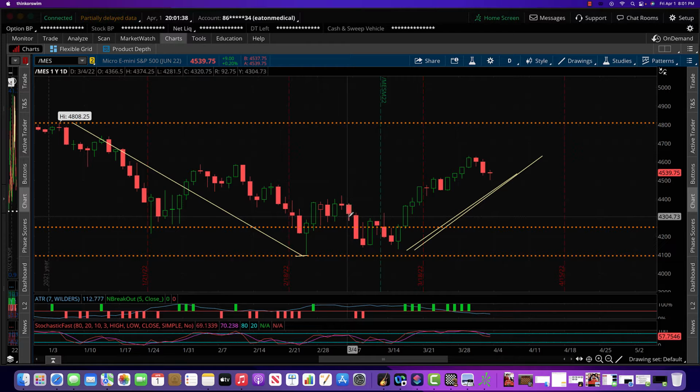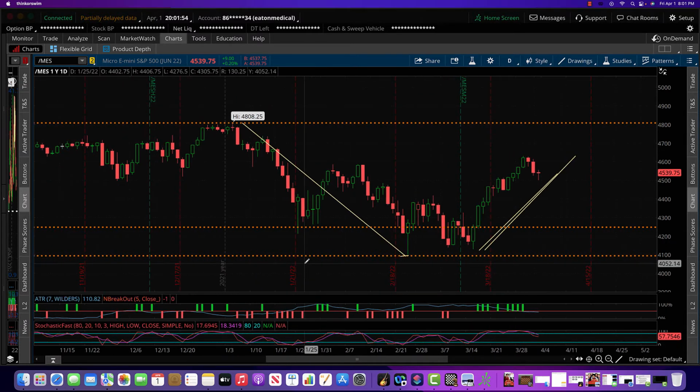So what are we doing? We're coming off of the lows, coming off these quarterly lows, making higher highs. We pulled in a little over half of that range. Little over half of this range.